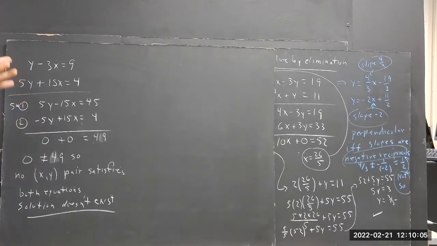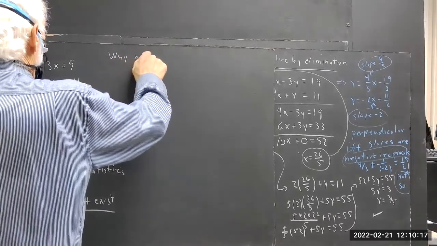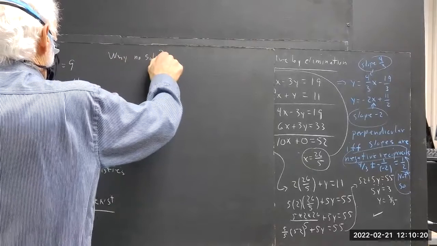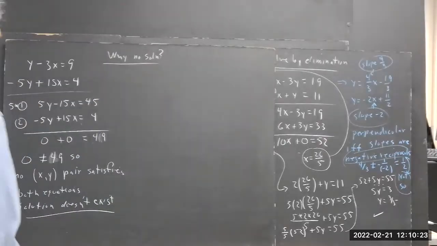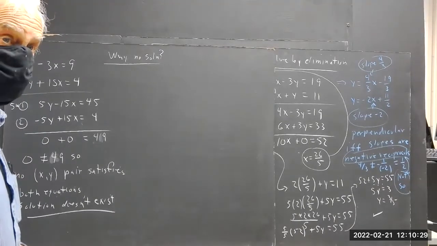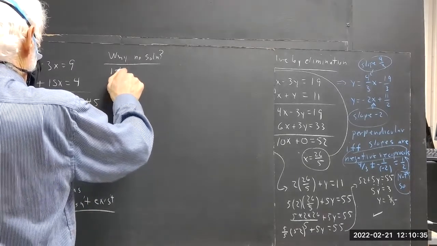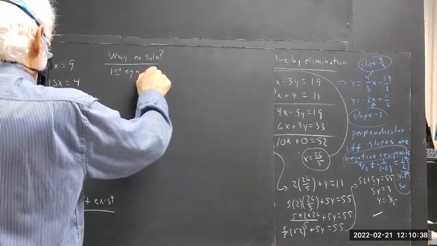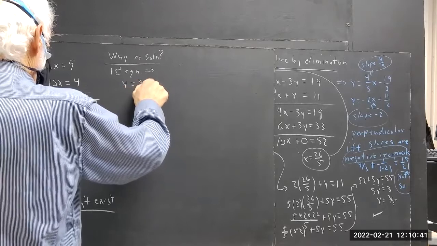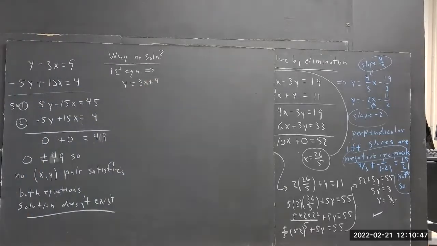It's perfectly possible to have two equations where the solution doesn't exist. Now let's think about why the solution doesn't exist. Why no solution? Well, if I solve these equations for y, I get y equals 3x plus 9.